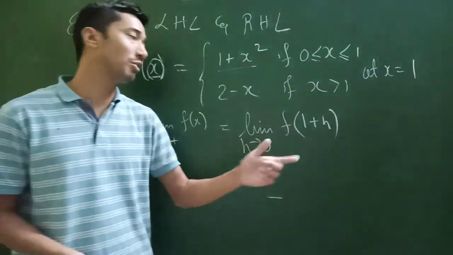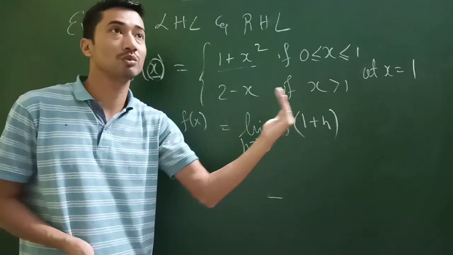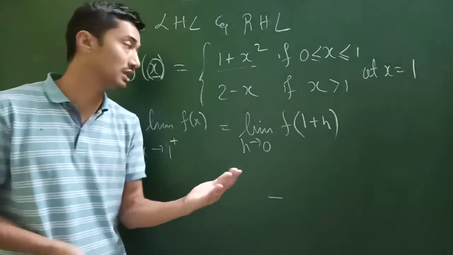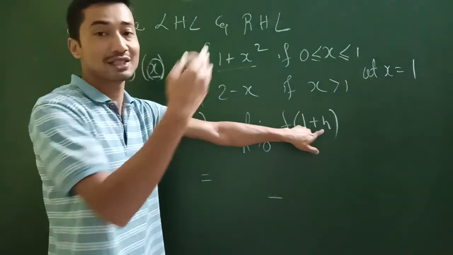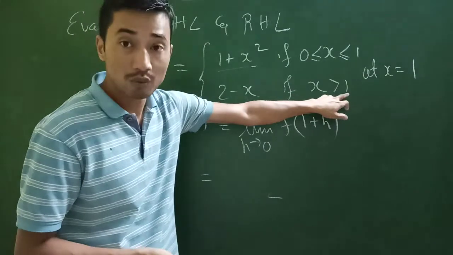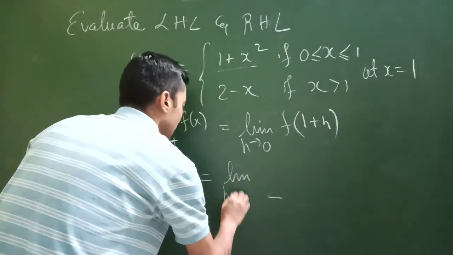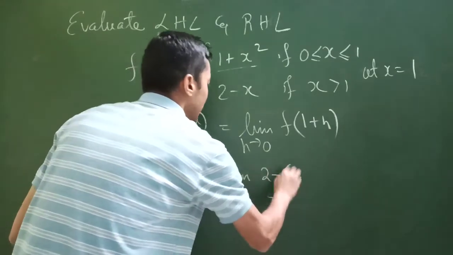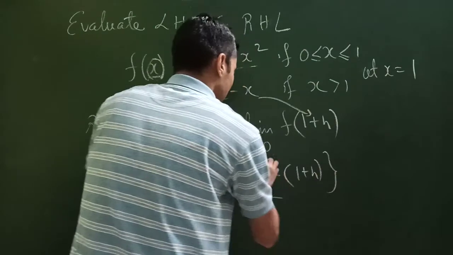So 1 plus 0.1, 1.01, 1.001, 1.0001, something like that, because you're approaching from the right hand side. It is always greater than 1. So we're going to use this function here. That will be the limit as h tends to 0 of 2 minus, what is x here? 1 plus h. The function is replaced.